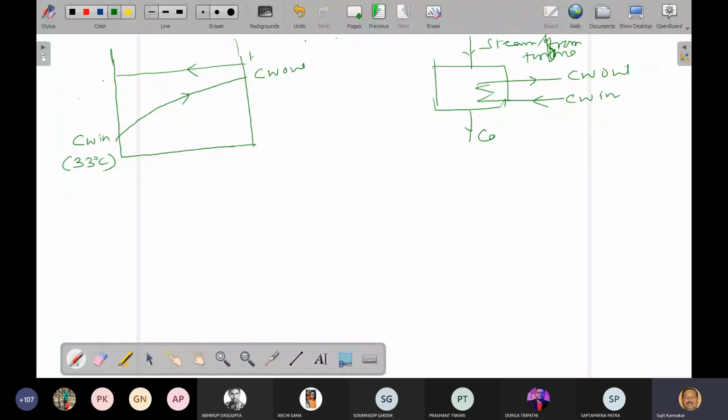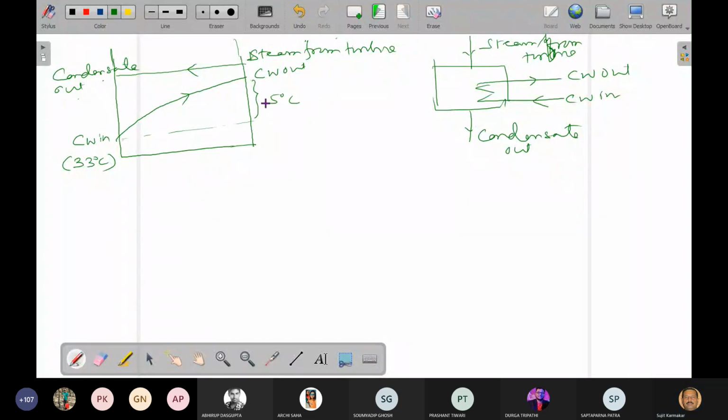So here it is called condensate. Condensate out. Here you can write down it is the steam from the turbine which is entering, and here it is the condensate out. Here you can find that there is a temperature rise of cooling water by 5 degrees Celsius.